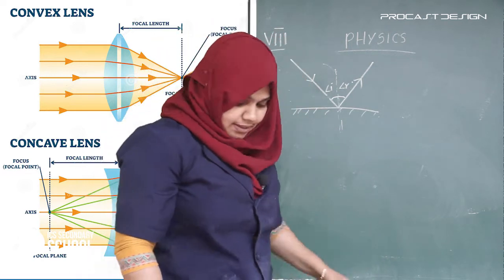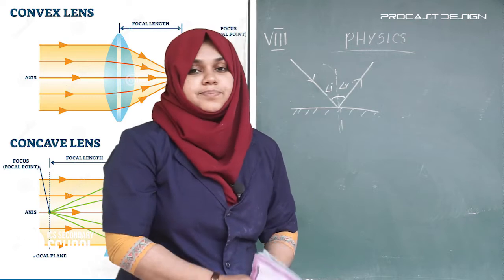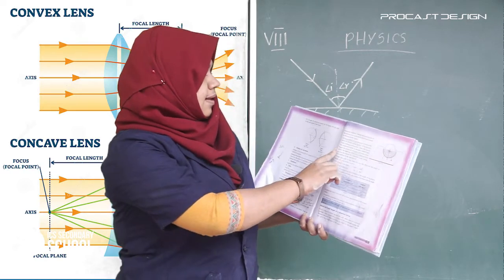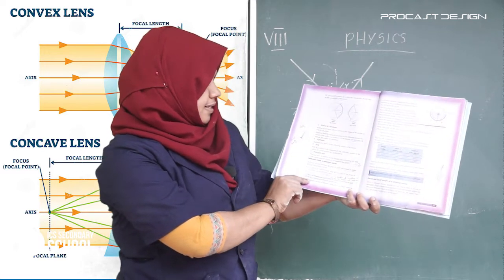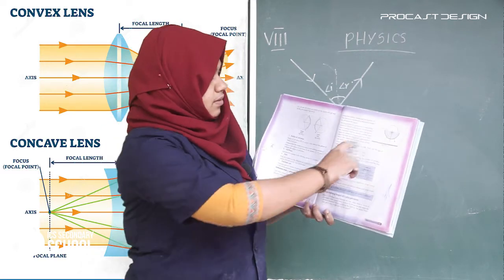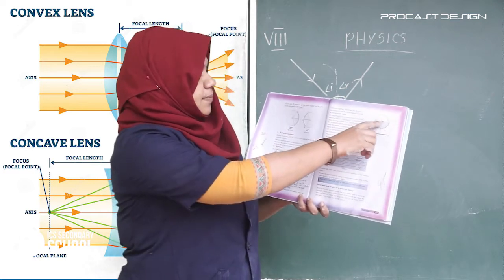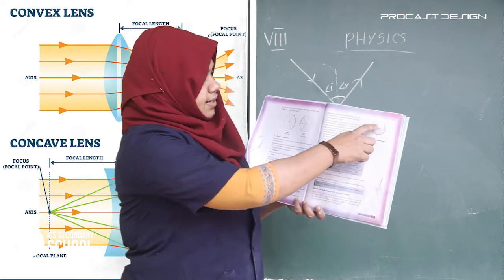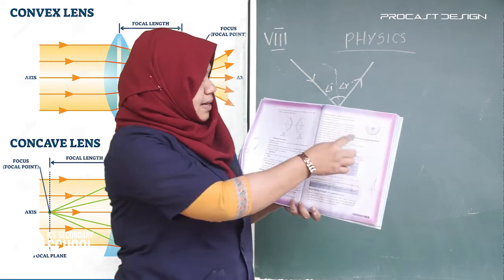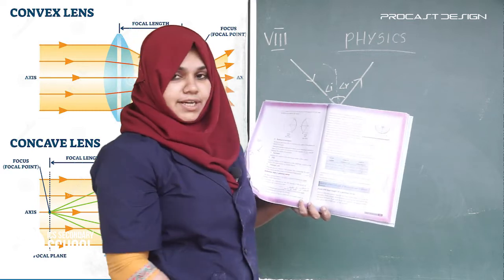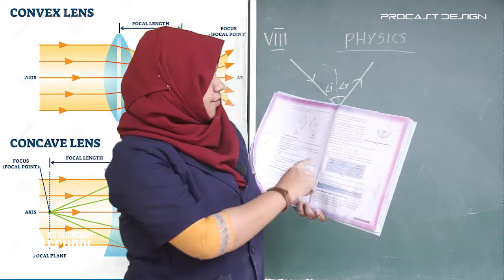For that, there is an activity on page 193. Take a concave mirror with its midpoint marked. Then fix the printout protractor in front of it.